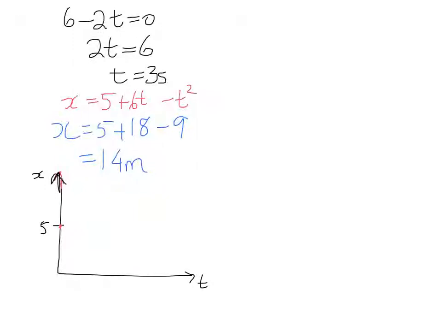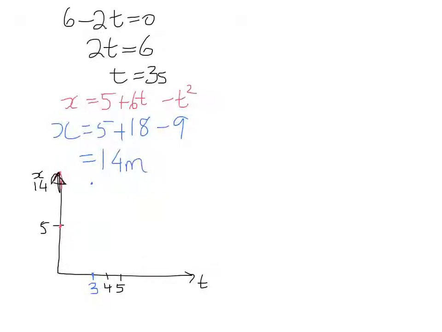Then when t equals 3, we've got a maximum displacement of 14 metres. So it's going up to here, 14 metres to the right of the origin. And then we have 5 metres. The question's asking the distance travelled during the first 5 seconds of motion.